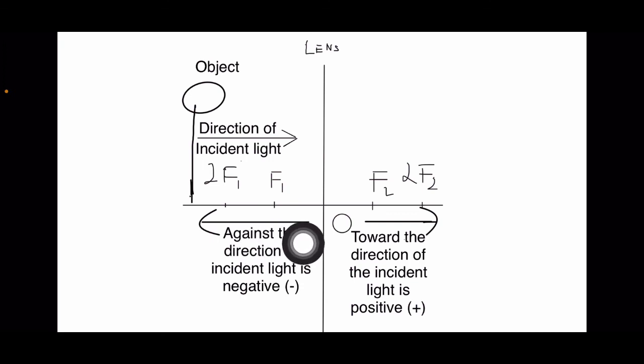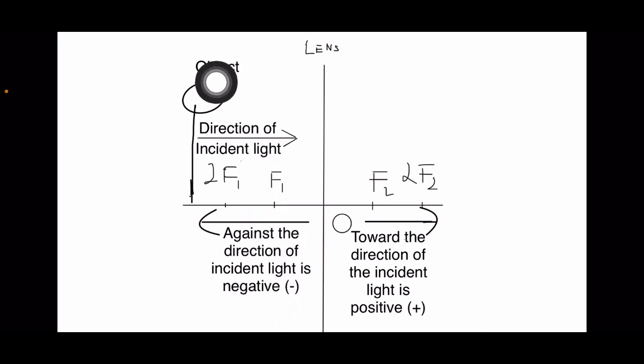The focal length, which is f, on the left side starts from the optical center towards F1, which is the first principal focus, and it is moving against the direction of incident light, and anything that moves against the direction of incident light is negative.